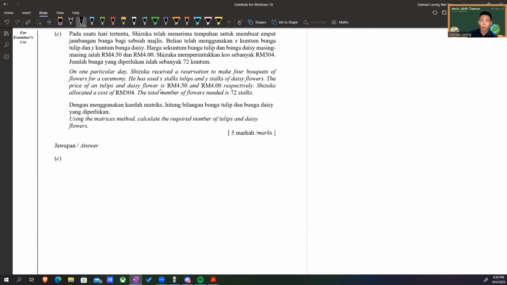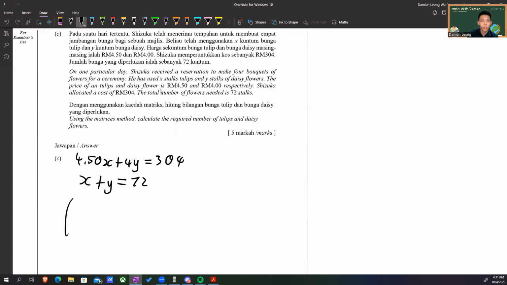So I need to form the two equations. It's 4.50 times number of tulips plus 4 ringgit times number of daisies, Y, for the allocated cost of 304. So equals 304. Then total number of flowers means number of tulips plus number of daisies is equals 72. So these are the two equations.